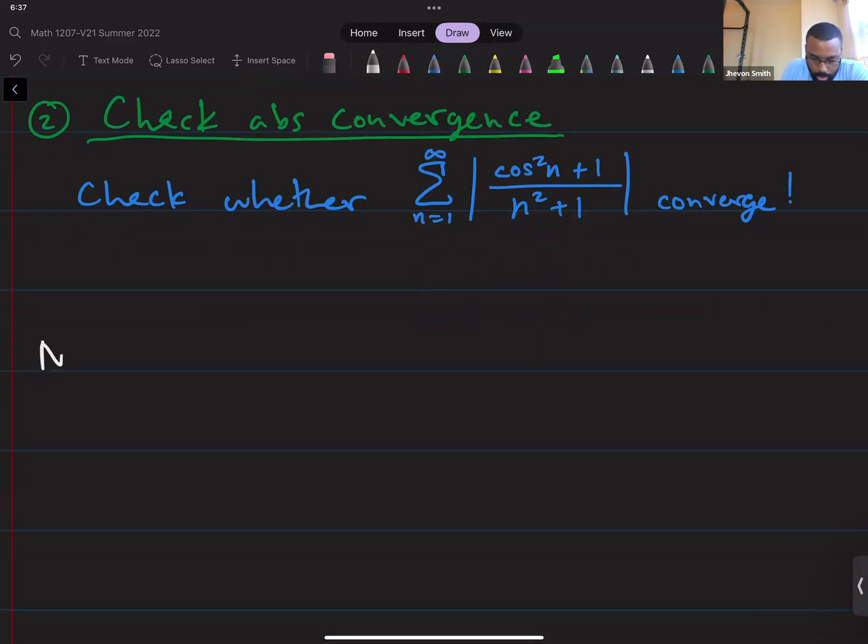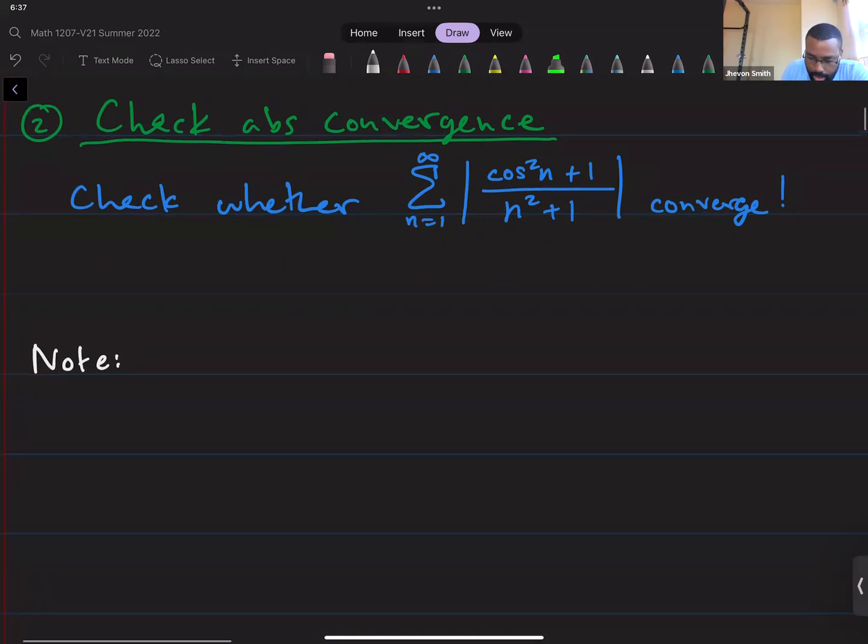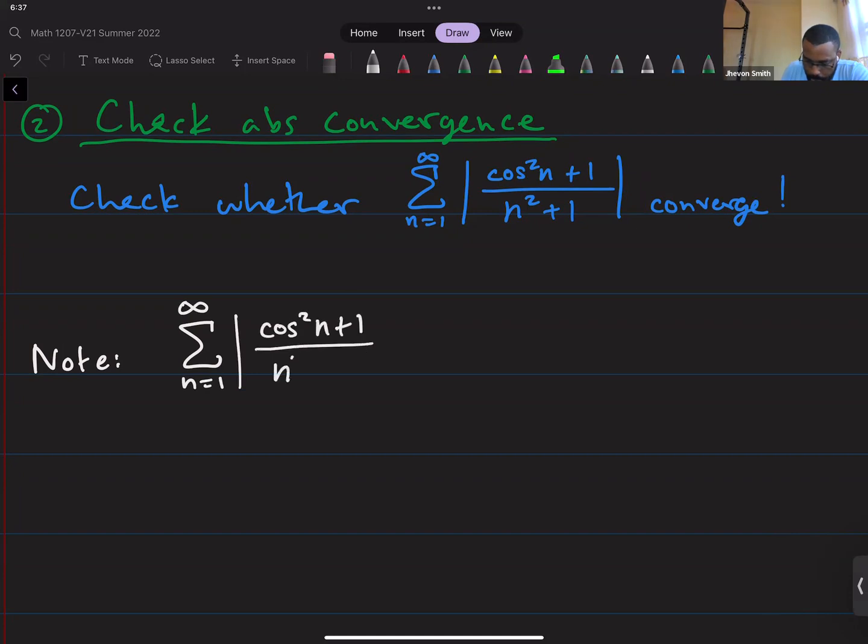Now note, I was going to make a comment, but I guess I'll make that at the end. If we're looking at this guy, remember, a nice thing about trig functions is that, especially when you put absolute values around them, they already invoke this kind of inequality.